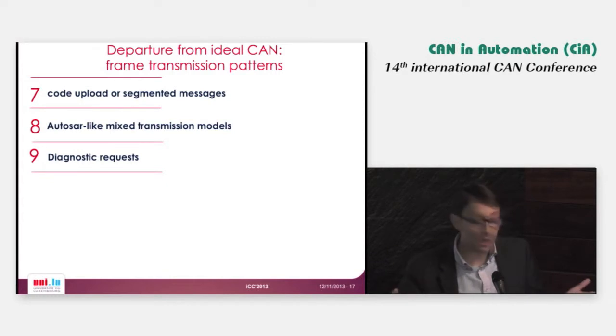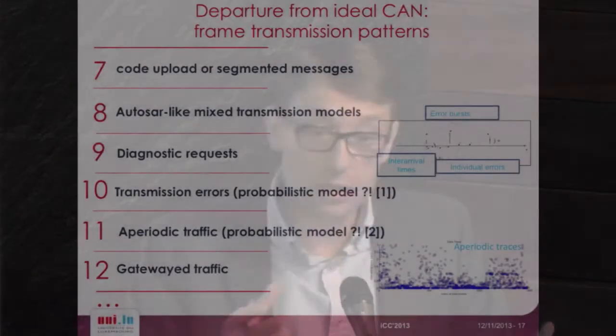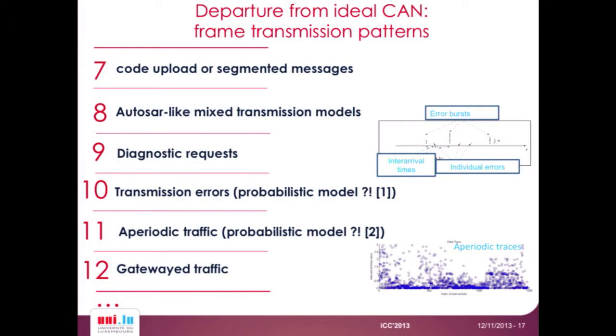One may have AUTOSAR-like mixed transmission models with a periodic transmission and, sometimes between two periodic transmissions, an aperiodic one. One may have diagnostic requests. And we have transmission errors. How to include transmission errors into a deterministic schedulability analysis model? Well, there's no good solution. It's the same for aperiodic traffic.